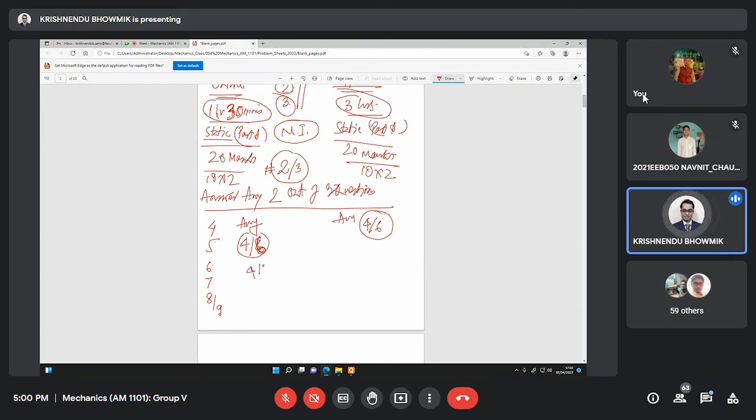Or maybe 4 by 5; we are not decided yet. Any 4 out of 5. So 4 multiplied by 7 is 28. 20 plus 28 is 48, plus 2 for neatness. Don't submit a blank answer script to get these 2 marks. I'll not give those 2 marks if it is blank.